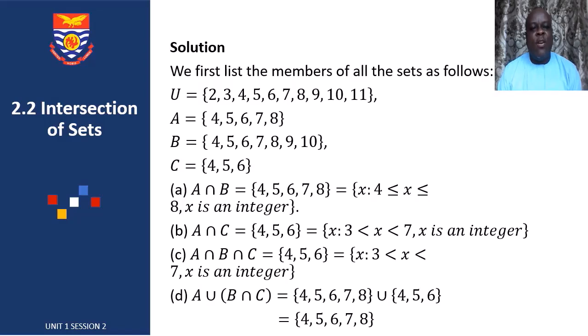This new set can also be written as X, such that X is greater than or equal to 4, but less than or equal to 8, and that X is an integer.